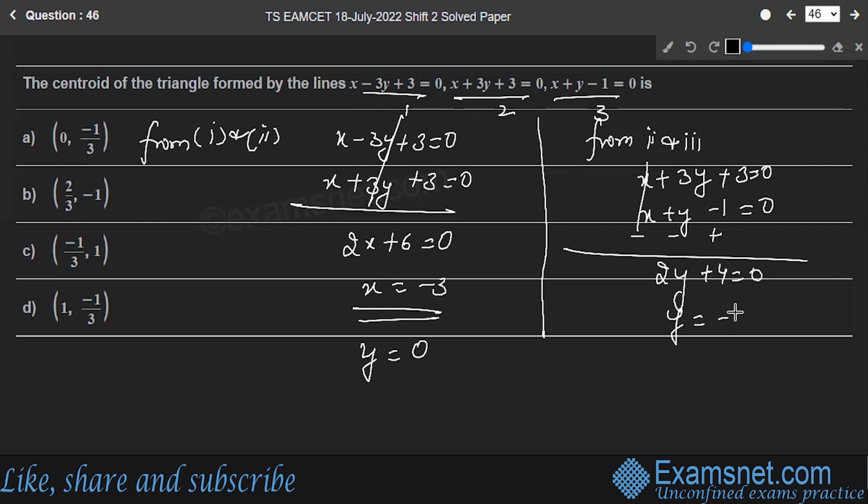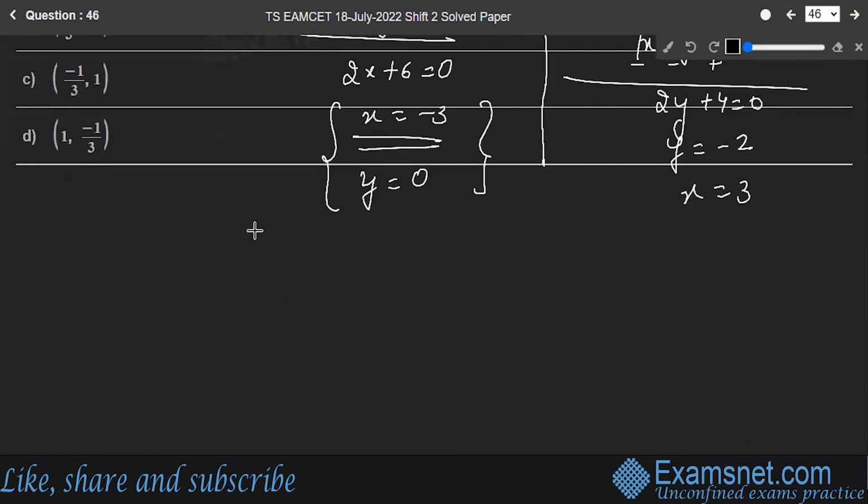That gives you y is equal to minus 2. And on solving, you will get x is equal to 3. So, okay, this was the first point over here. The intersection point of these two lines was minus 3 comma 0. So let it be A. The second point is 3 comma minus 2.